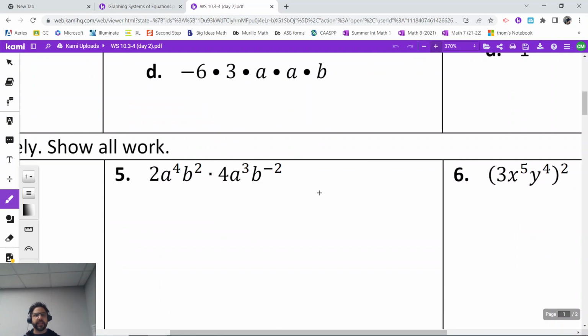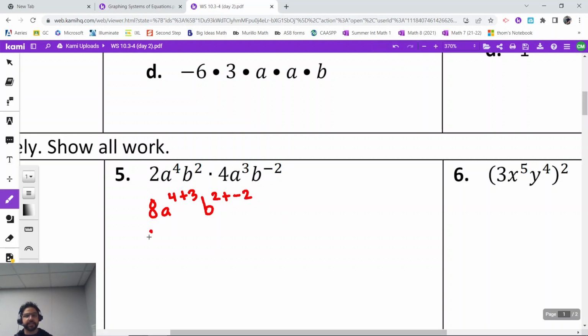The first way is noticing it's kind of like what we learned in lesson 10.2. So I've got my coefficients in the front, which are pretty basic. So 2 times 4, we're going to write an 8. Then I'm going to look at my A and B separately. For my A, I've got a 4, and I'm going to add to that a 3. For the B, we've got a 2, and we're going to add to that a negative 2.